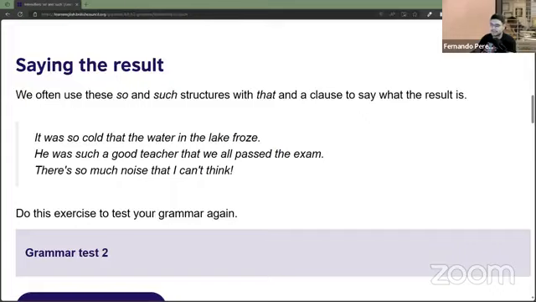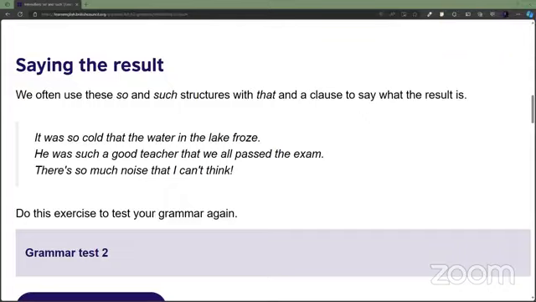Who can think of an example? An example. Come on. An example with so.